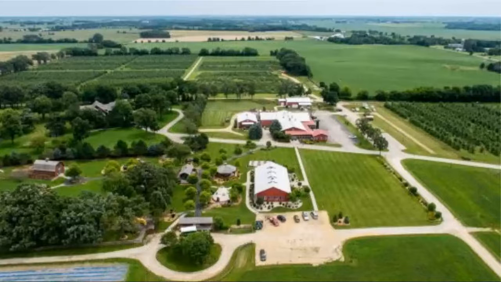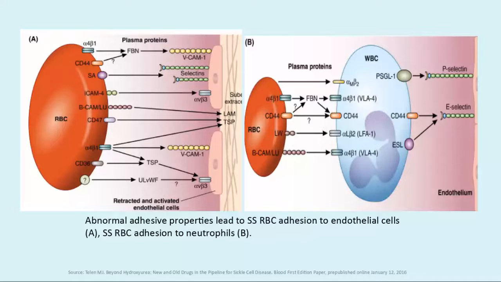Sickle cell anemia is a very complicated disease. It involves interaction between many factors, many integrins, adhesion molecules, VCAM, selectin, ICAM, and many of the receptors on the red cell wall that are activated or popped out of the red cell membrane, and they will cause adhesion between the red cell and the endothelial cells.